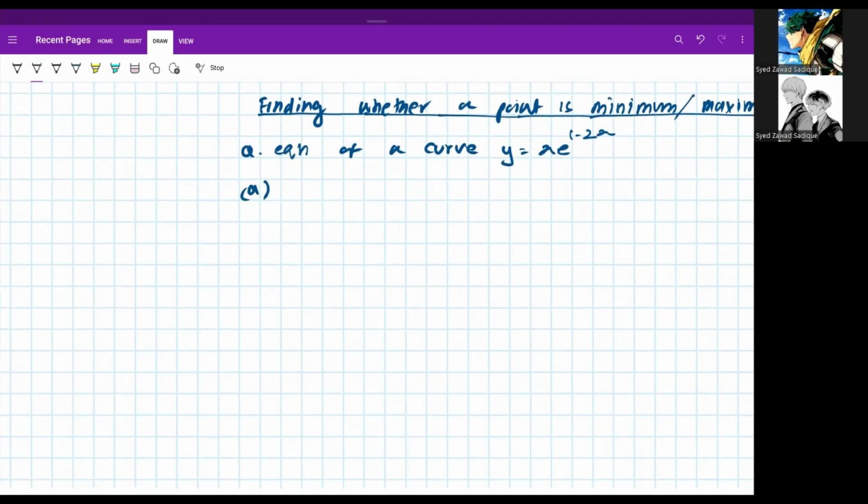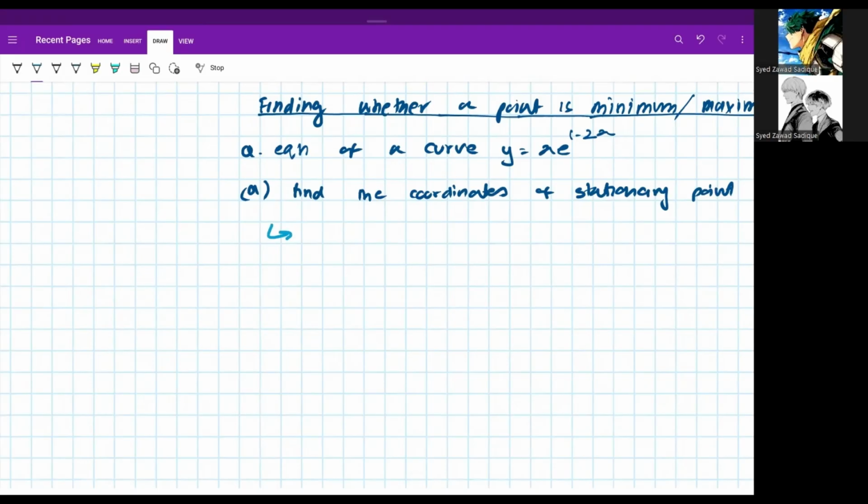A, find the coordinates of stationary points.